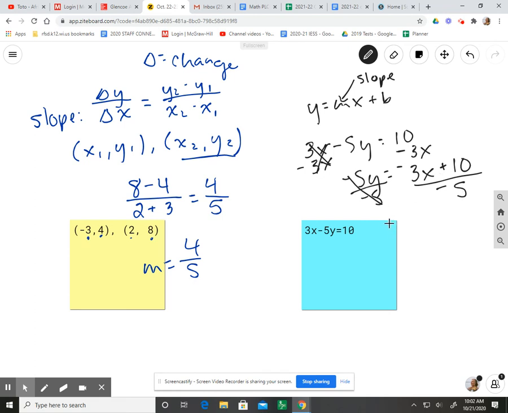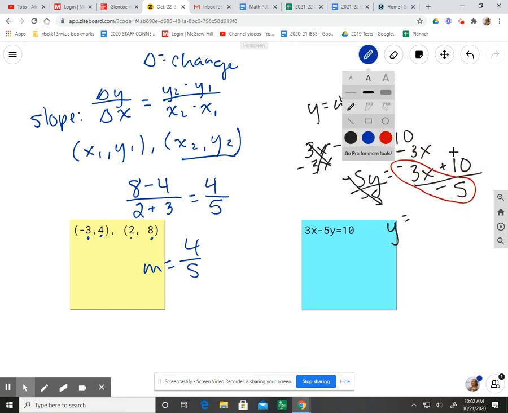So the negative 5's cancel, and we get y equals negative 3x divided by negative 5, and then positive 10 divided by negative 5. We have to divide by negative 5 for both of these things.